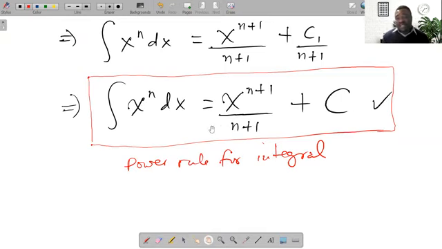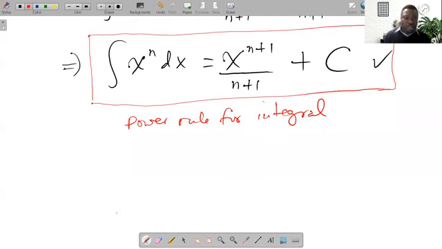Or better still, if you're taking the derivative of your right-hand side, you should definitely get what this expression is. You can try it yourself, but that is always true, okay? So that is the power rule.